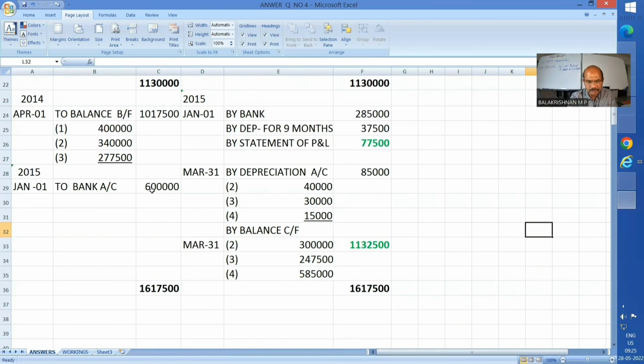And the fourth machine, purchased during the course of the year, 6 lakhs, respective depreciation 15,000. So 6 lakhs minus 15,000, 5,85,000. We have shown the closing balance breakup also. So that's all in sum.